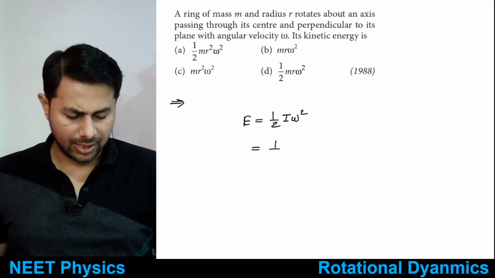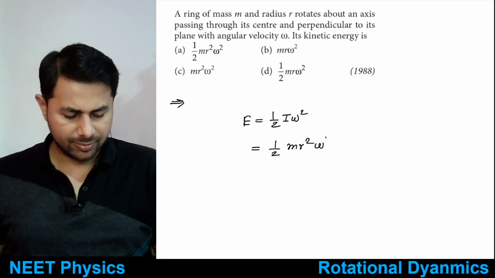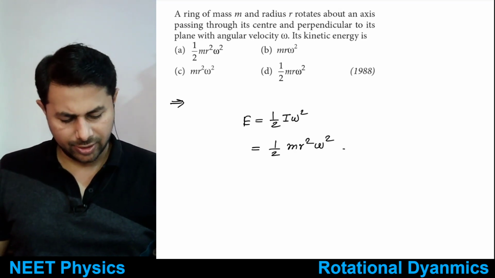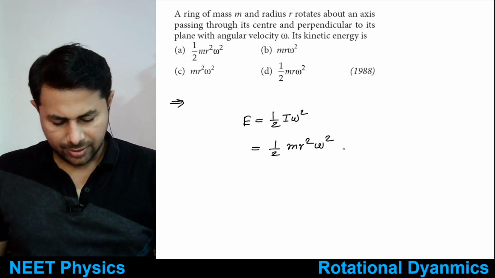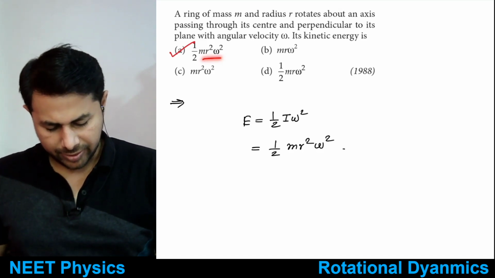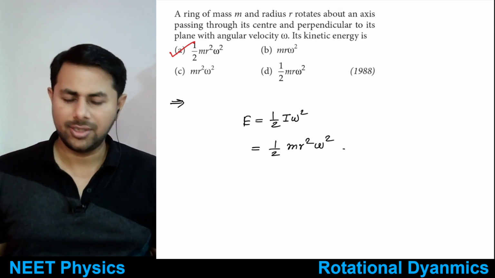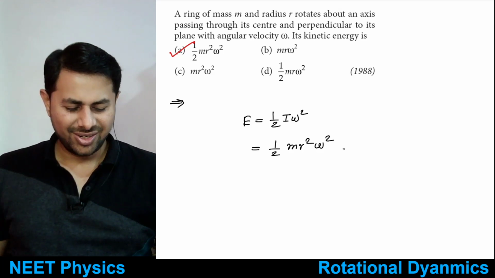So that is half of I, which is mr square, times omega square. This is a very old question. At least I don't expect this question in 2024. So this is the answer anyways. Very simple.